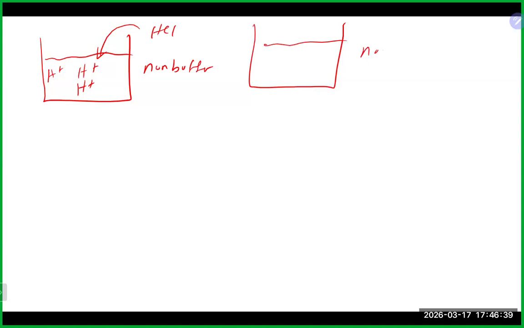So if you have a non-buffer and you toss in there some HCl, you're going to add a lot of H plus to that solution really quickly, and that is going to see a pretty big jump downward in the pH. And same thing if you had a non-buffer and you added something like sodium hydroxide to it, that's going to have a lot of hydroxide in that solution freely floating around really quickly.